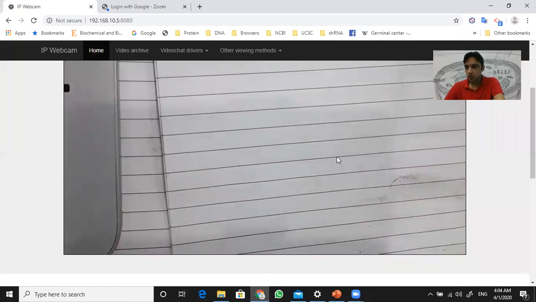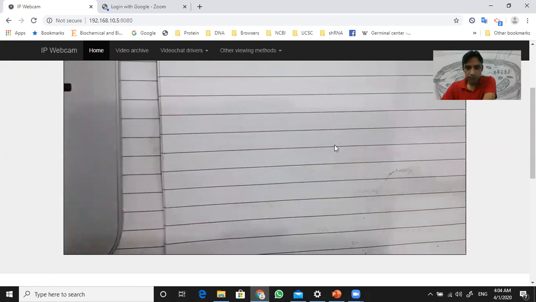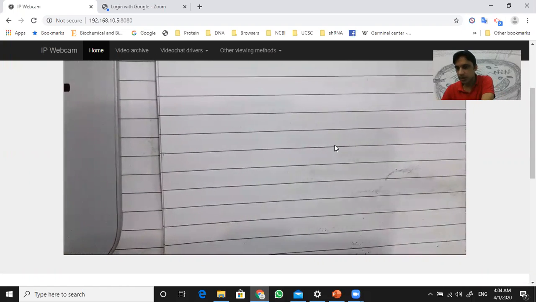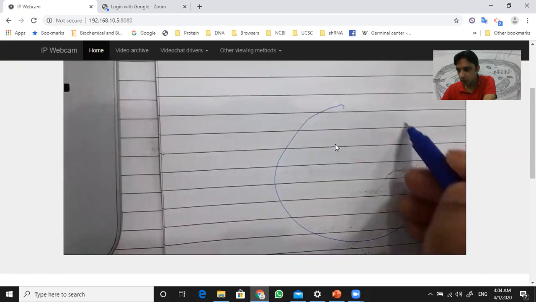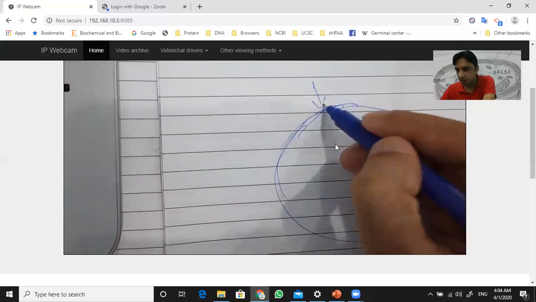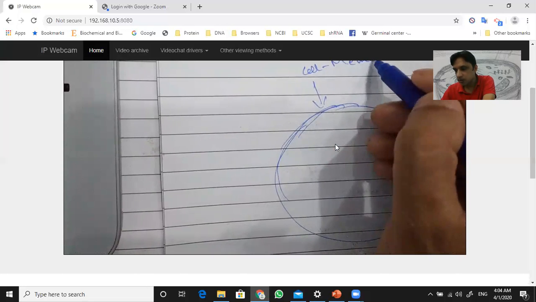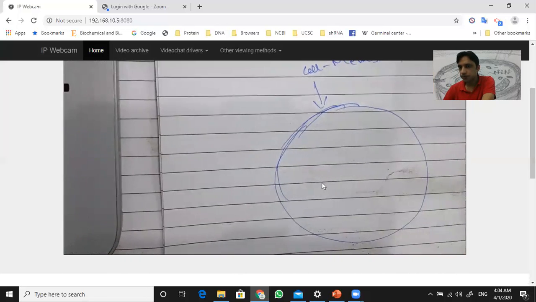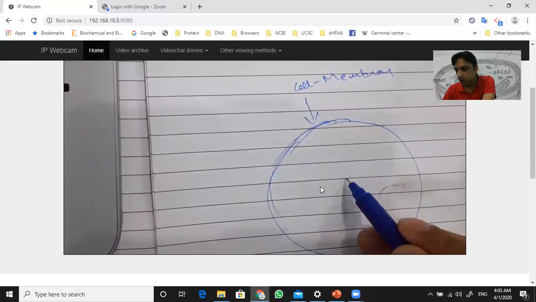So typically a cell is made up of an outer boundary, and that outer boundary is called the cell membrane. There exists another central component within the cell.